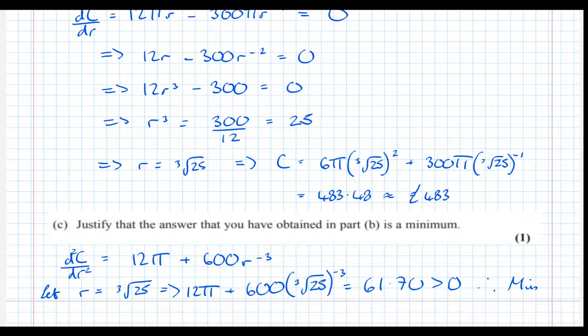So again, first derivative tells you what the stationary point is. Second derivative tells you whether it's a maximum or minimum.